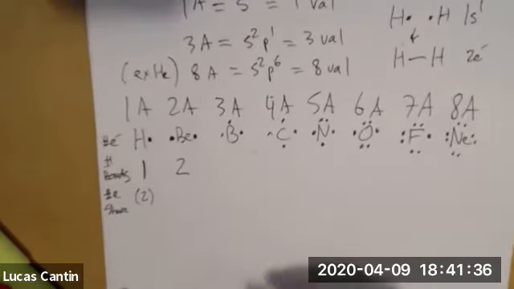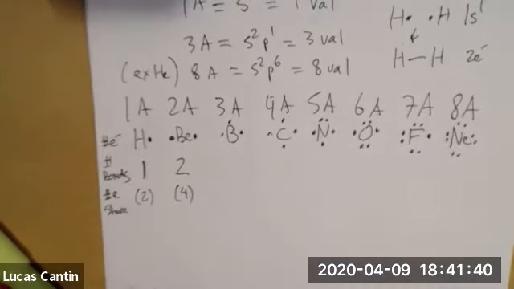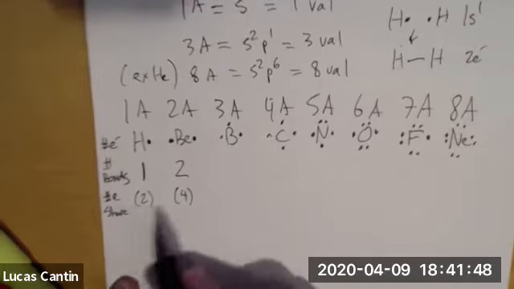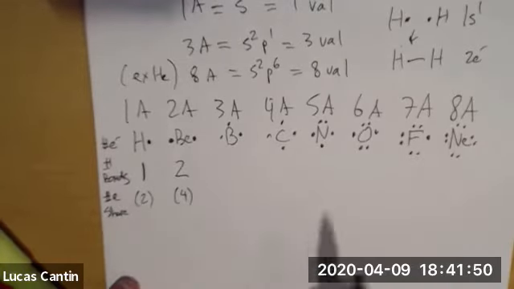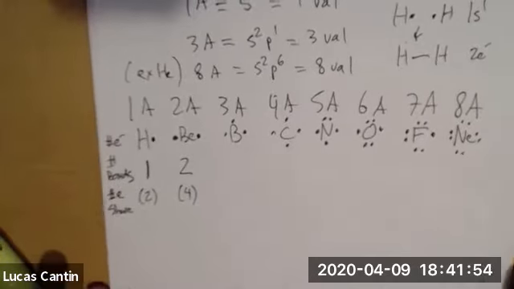So beryllium's actually what they call electron deficient. Most atoms want an octet. They want to have 8. Hydrogen's weird. It doesn't need 8. It's actually quite stable with 2. But beryllium wants 8. It can't get it.